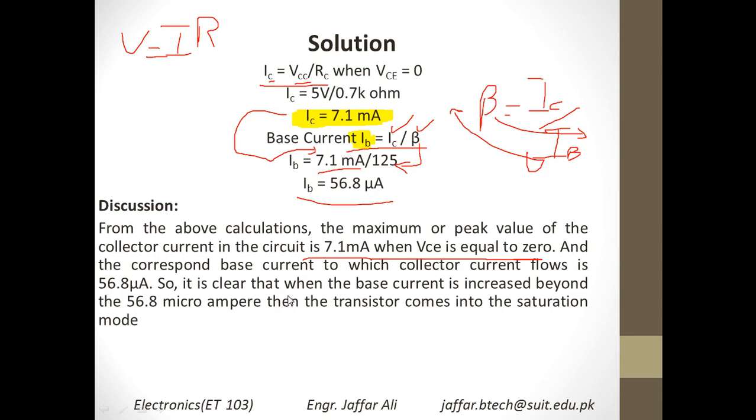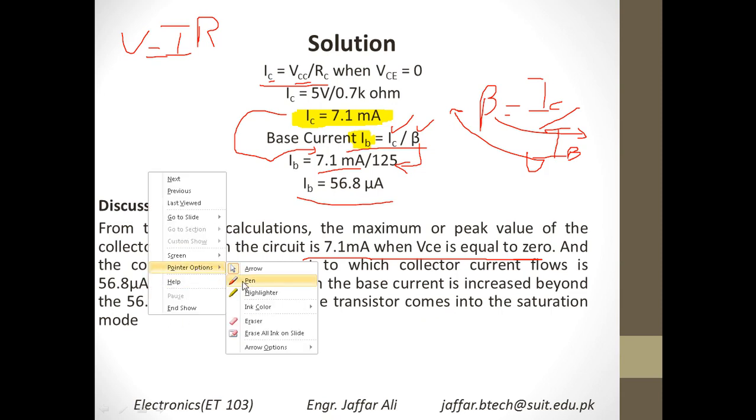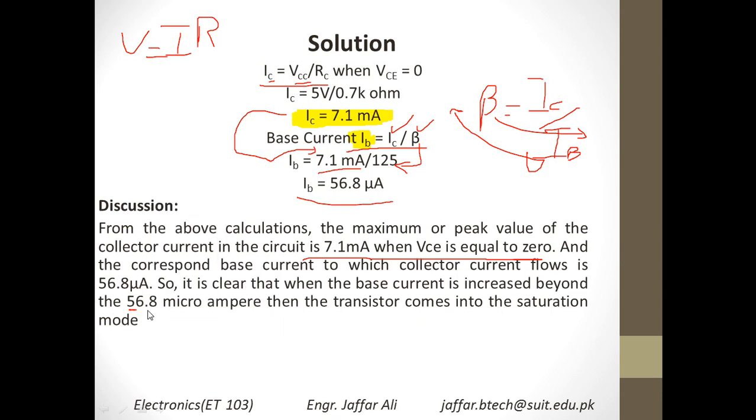So it is clear that when the base current is increased beyond this 56.8 microampere, the transistor will come into saturation mode. It means that after you provide more than this current, the transistor will be turned on, because it will go into the saturation mode.